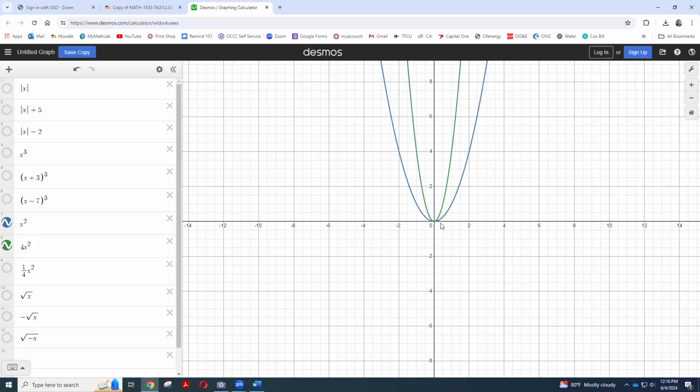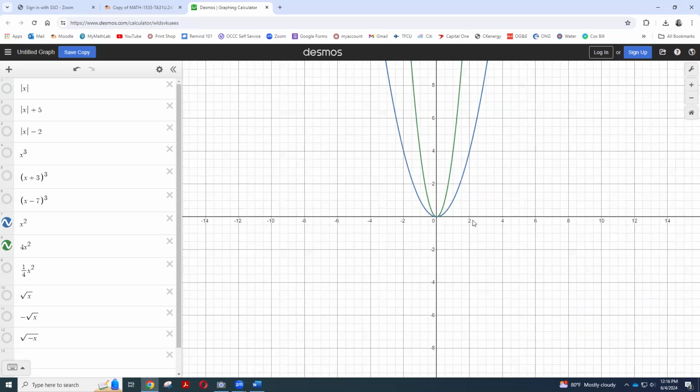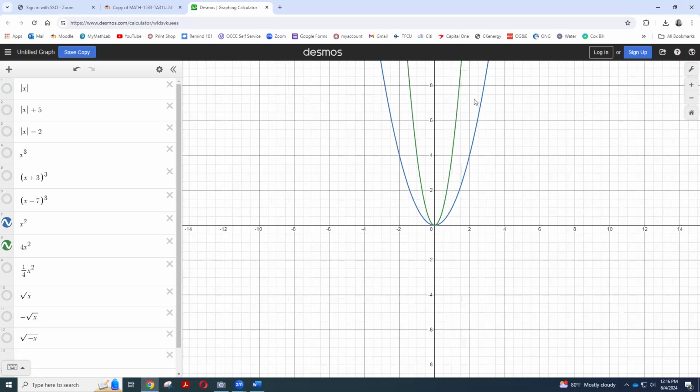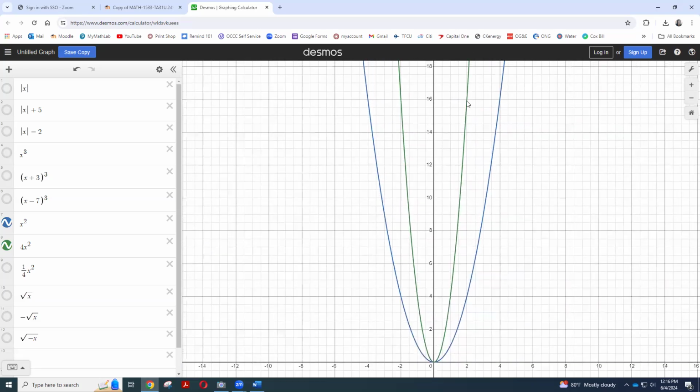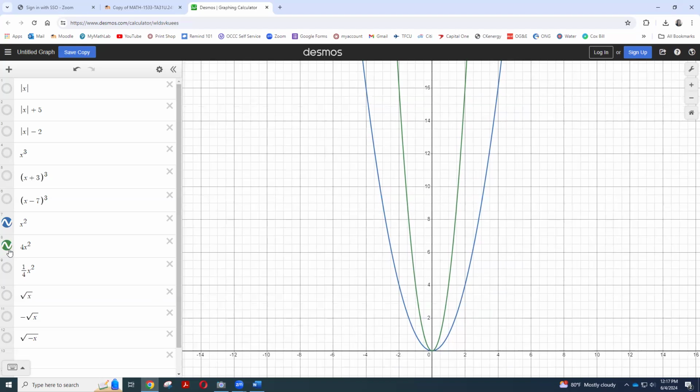So instead of it being at 1, 1, now it's at 1, 4. Instead of it being at 2, 4, it would be at 2, 16. You're doing 4 times 4. Okay, so it's getting stretched.